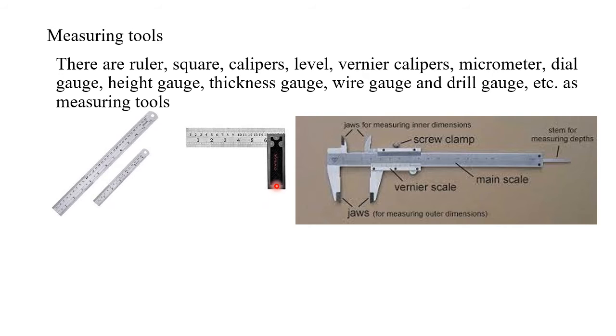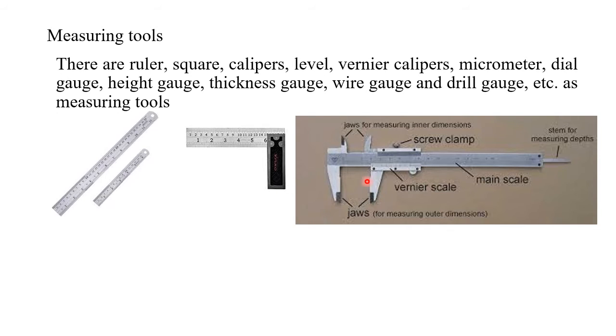We also have a tri-square, or simply a square. This square has a stock and a blade. Here on the blade it is also graduated, so that you can use it to measure some small distances. We have a vernier caliper. A vernier caliper is an instrument which is used to take different measurements, like external measurement of cylindrical elements.